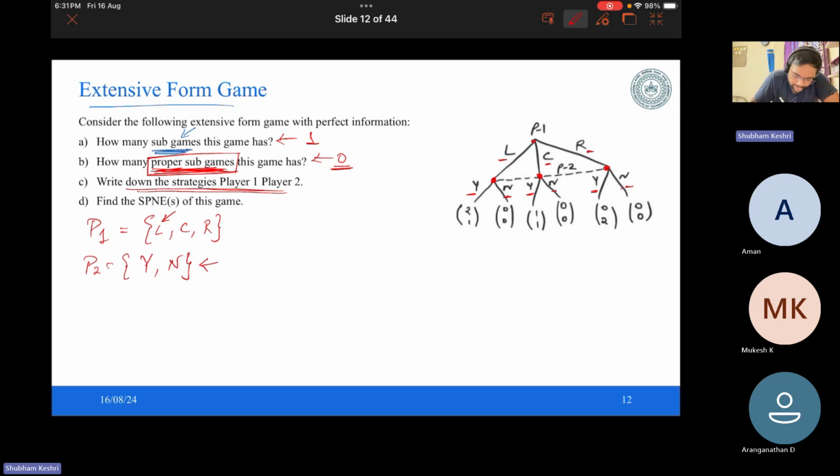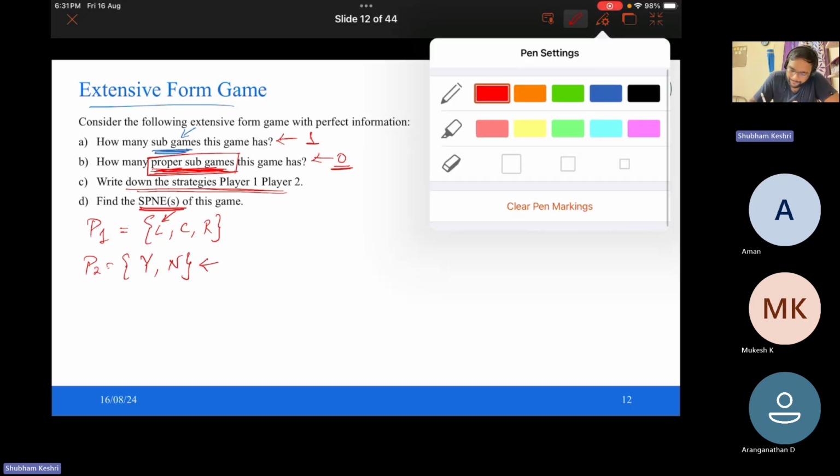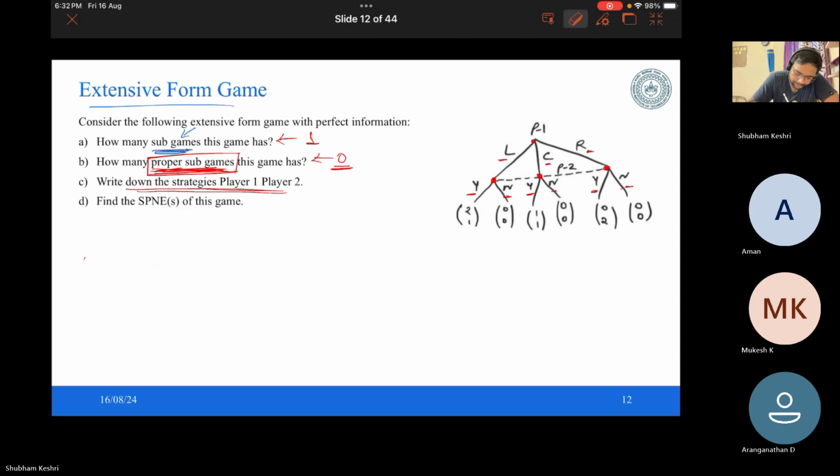Now, the next question is, find the subgame perfect Nash equilibrium for this game. So, do you know how to find a subgame perfect equilibrium of a game? So let it go from the bottom backward. Right. So you can use backward induction.